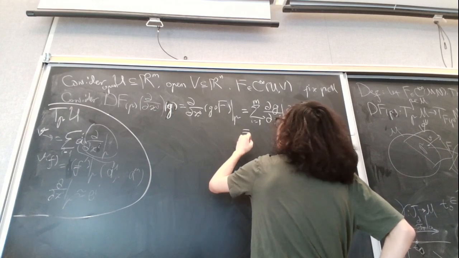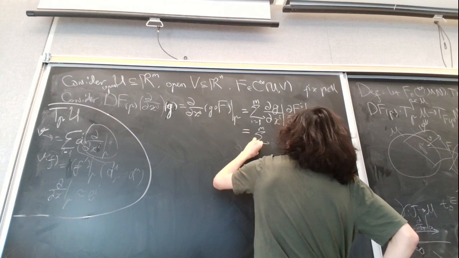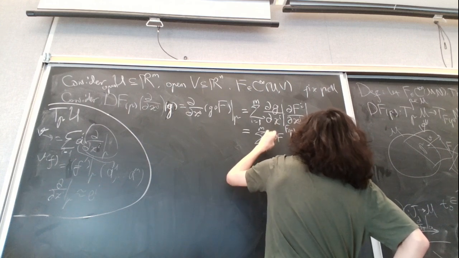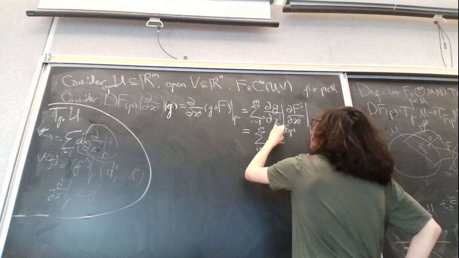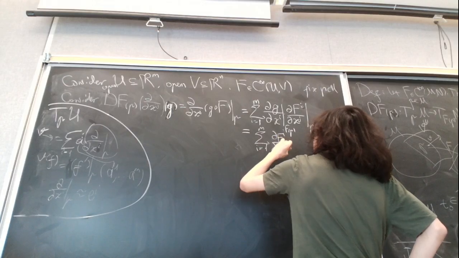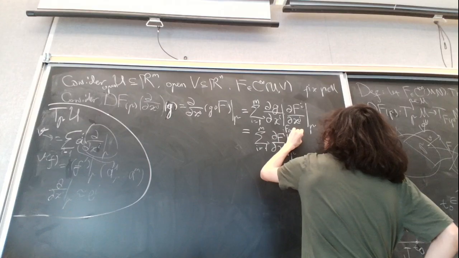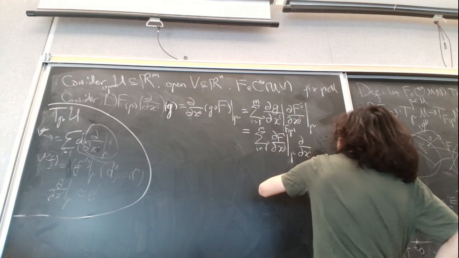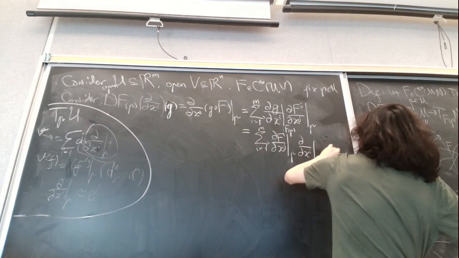And this is equal exactly to, I'm just going to rewrite this in a nicer way. P, and then d dxi at f of p of g.